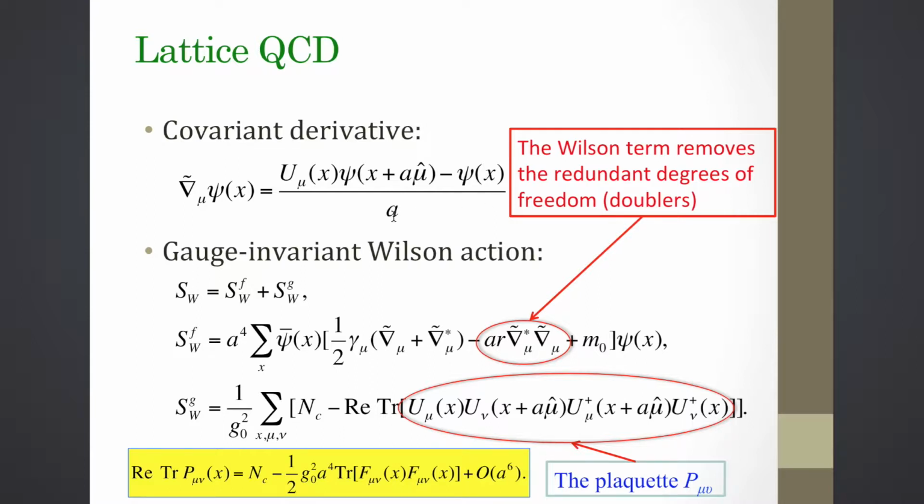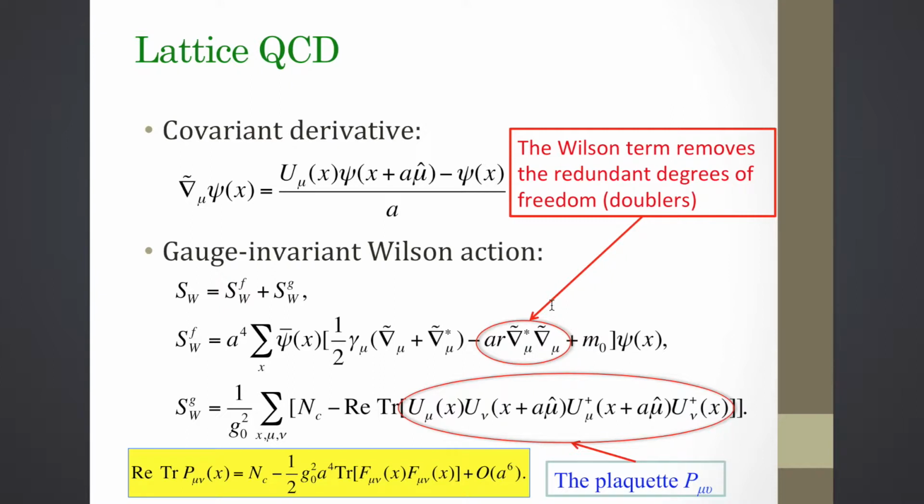So, with the covariant derivatives, the simplest gauge invariant action we can formulate on the lattice is the Wilson action. The Wilson action has a fermion part and a gluon part. The gluon part is also called a plaquette, which I will not discuss here. And the fermion part has a derivative term, a mass term, and especially a Wilson term.